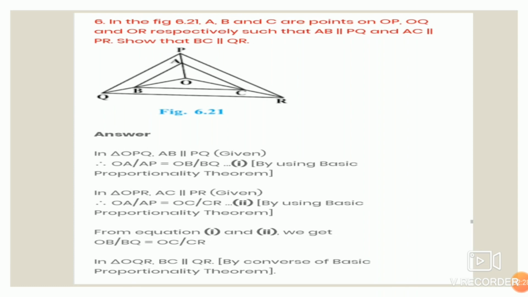In the next question, we have a diagram where A, B and C are points on OP, OQ and OR respectively, such that AB is parallel to PQ and AC is parallel to PR. Show that BC is parallel to QR.